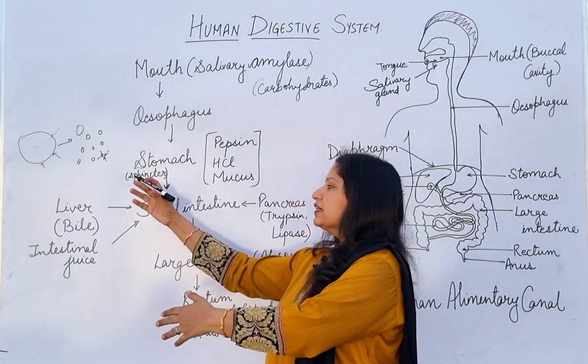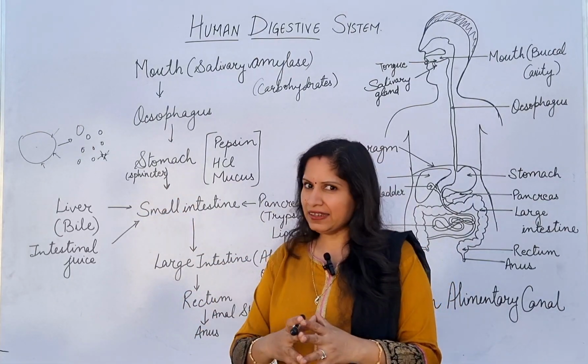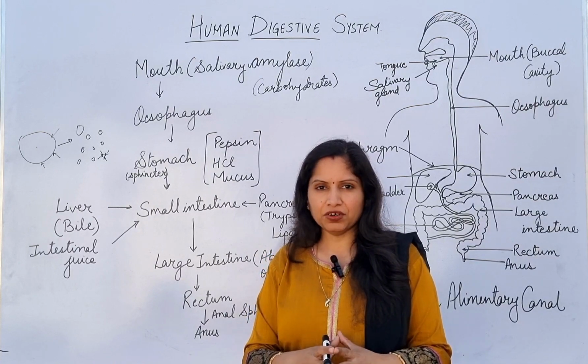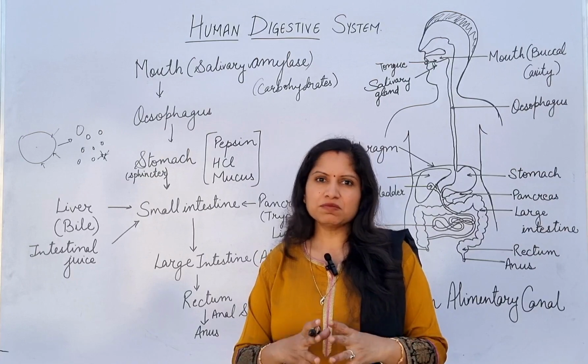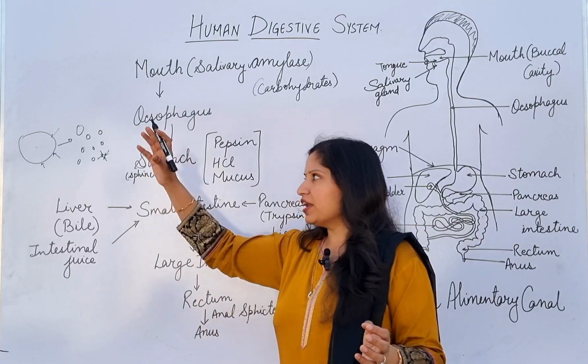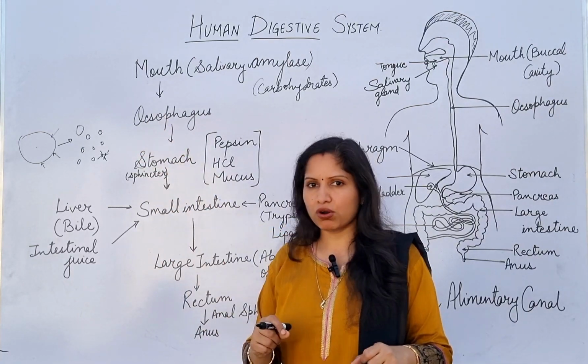So this emulsification of fats in our body is performed by the liver, which prepares the bile juice, and this emulsification breaks the big fat molecules into smaller ones.